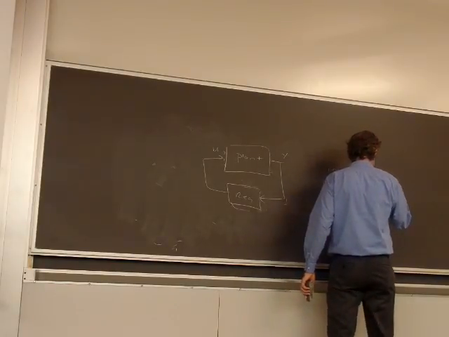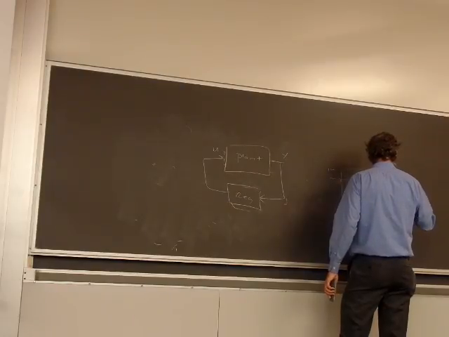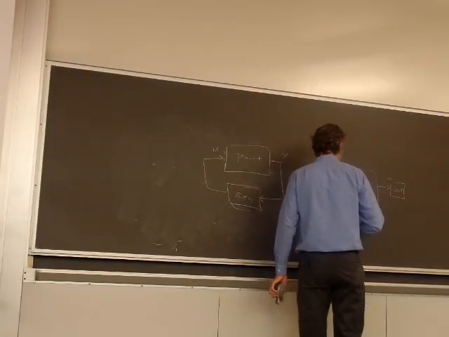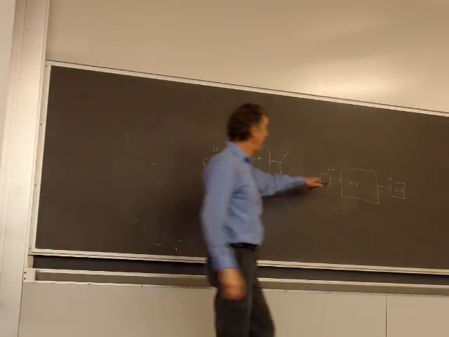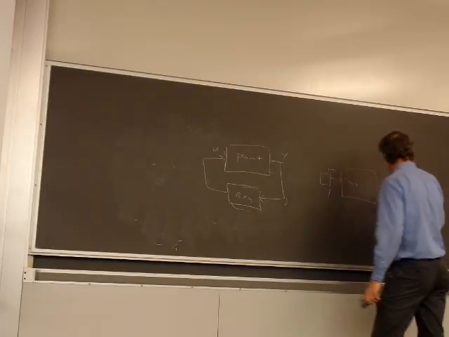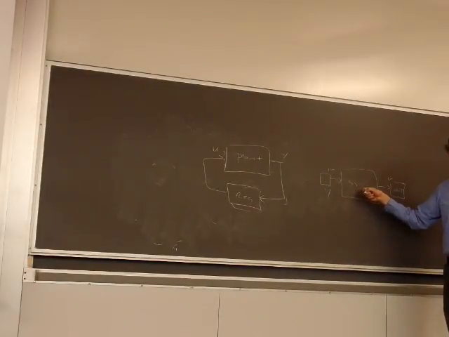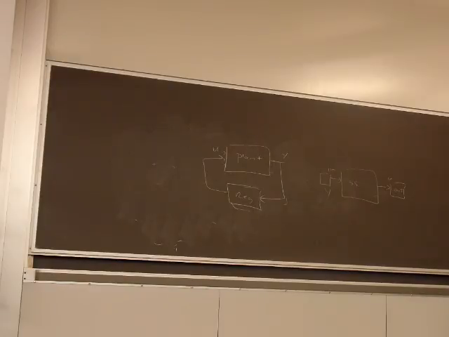You can do it through blocks, inputting U, and this is Y. If you look in the Simulink library, there's a state-space block. Open it up and you put in the A, B, C, and D matrix.